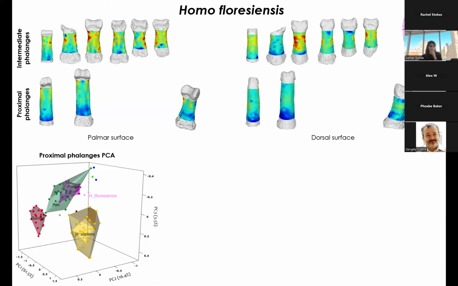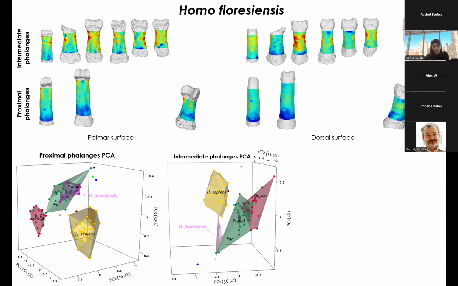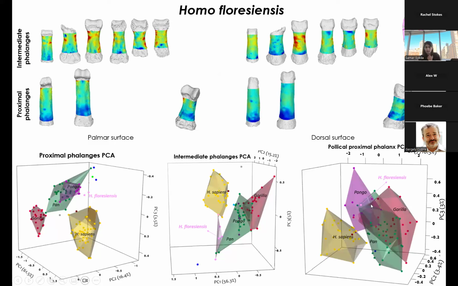But we think that could be because floresiensis just looks very strange from a bone structure perspective. And if you know anything about the environment of where Flores was found, which is a tiny island in Indonesia, island animals do have weird mixes of morphology, which could explain why Flores looks a bit different to what we would expect. And it falls out differently as well, falling between humans and non-human great apes in its range. But the thumb phalanx does fall in quite nicely with the great apes, like the other proximal phalanges.